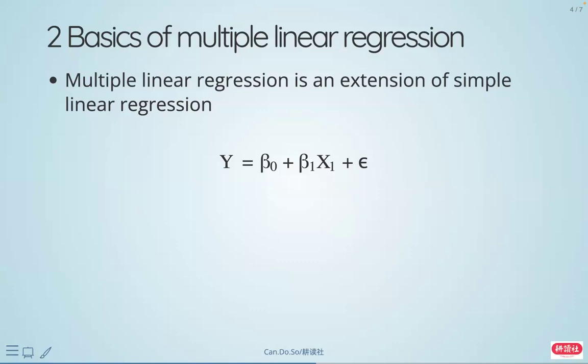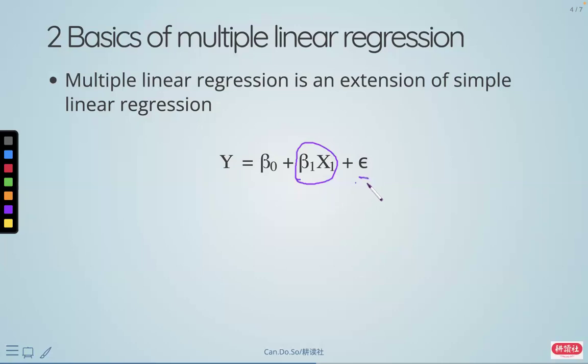Multiple linear regression is an extension of simple linear regression. We have covered in the previous course that simple linear regression is like this. You can see there's only one predictor, so that's why we call it simple.